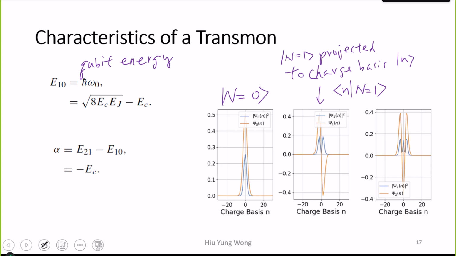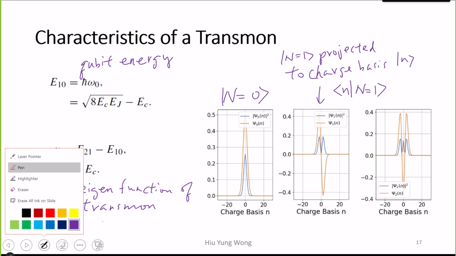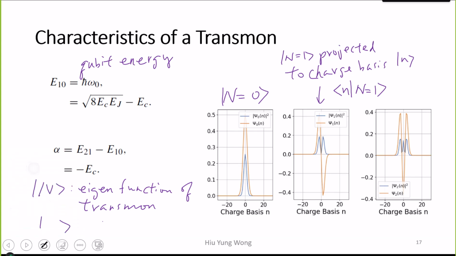So this is like n being the eigenfunction of the Transmon, and small n is just the momentum eigenvalue.